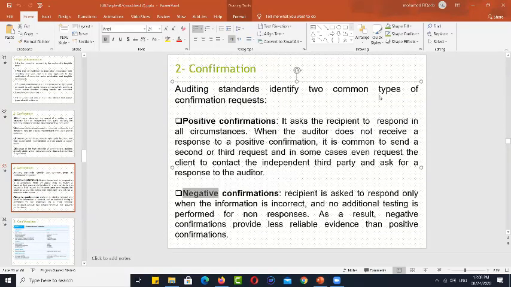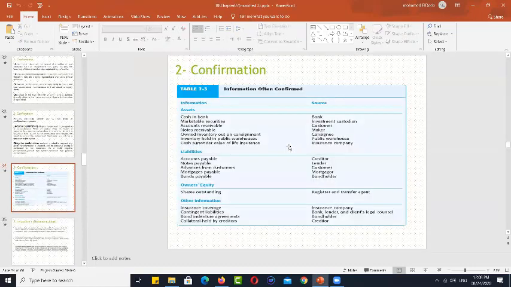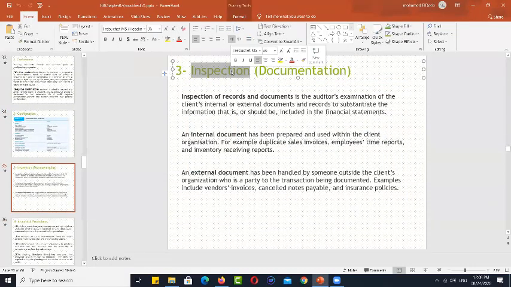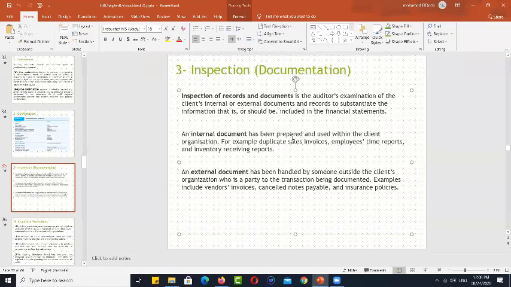And then we moved to number 3, which is inspection or documentation. Inspection or documentation means the examination of the documents and records. Here you have to check whether the document is internal or external.